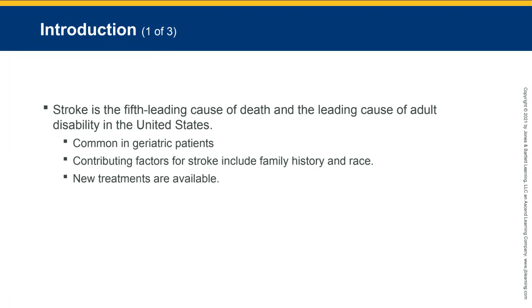Contributing factors for stroke include family history and race, and there are good treatments available if the patient can get to the hospital within a specific time frame. So time is important to the heart muscle. Time is important to the brain.